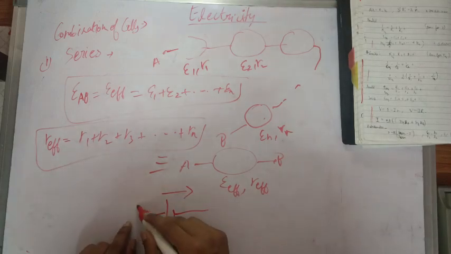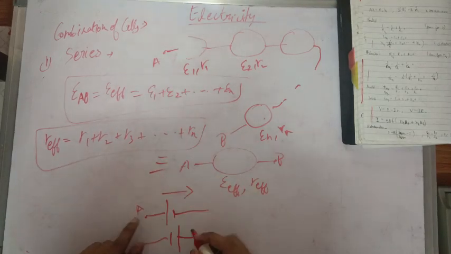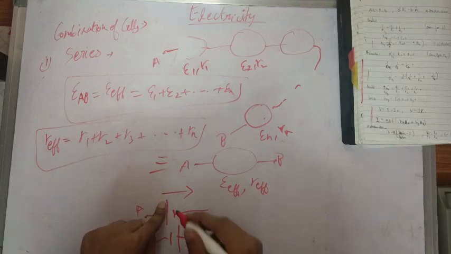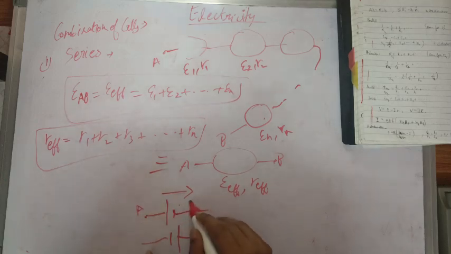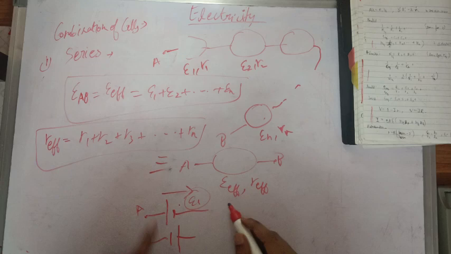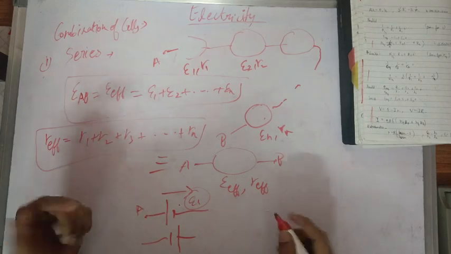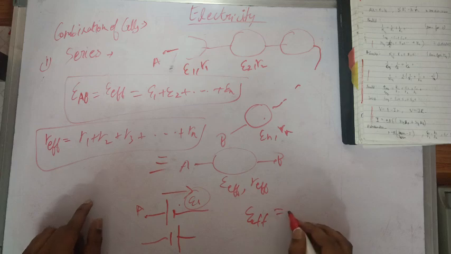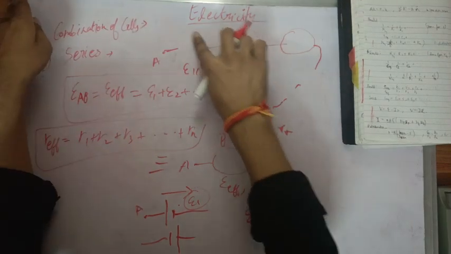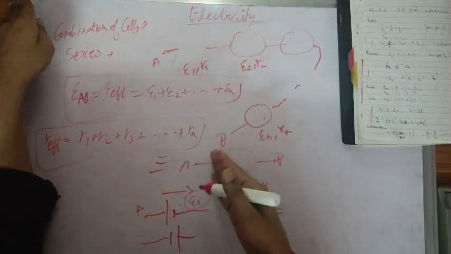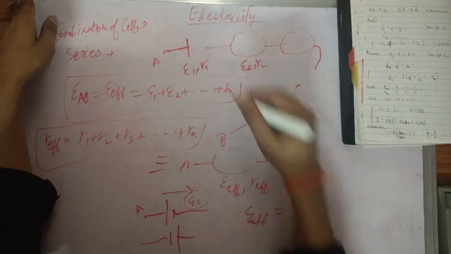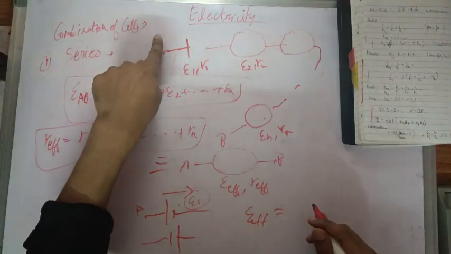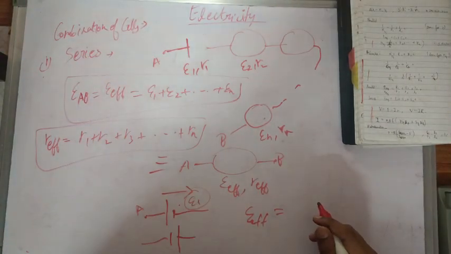Let's say I am taking this side as of higher potential. Then if this is positive, this is the negative terminal of the cell, I will take its EMF as positive in this calculation. So if I am writing the E effective here, then if I am taking from this side to this side, then I have to take the higher potential here and let's say lower potential at this side.